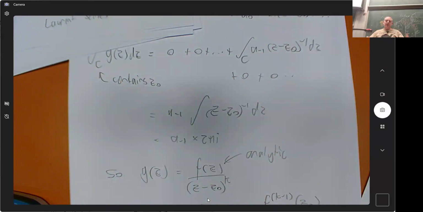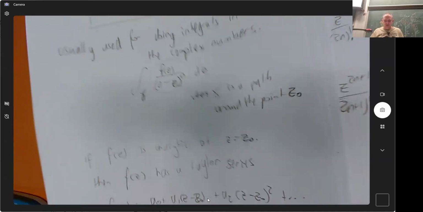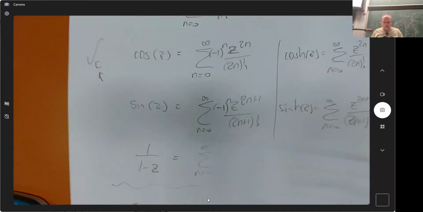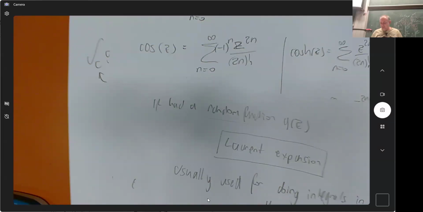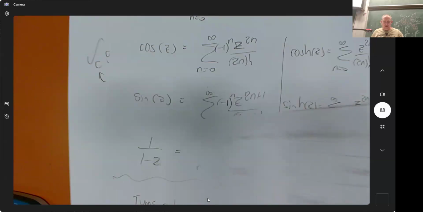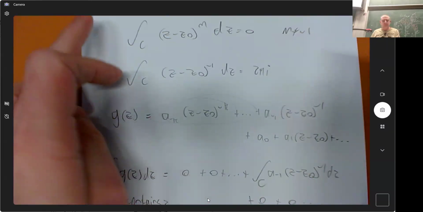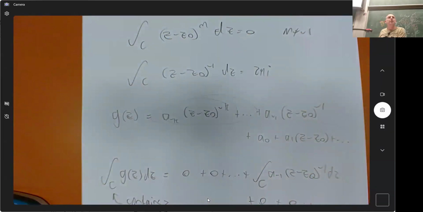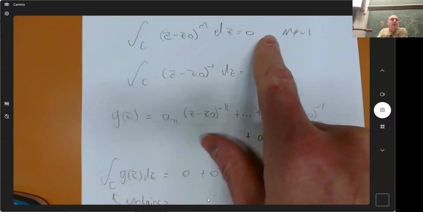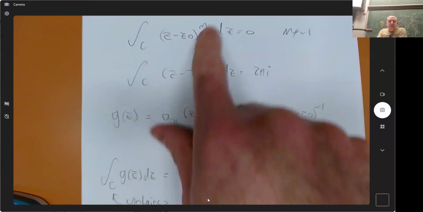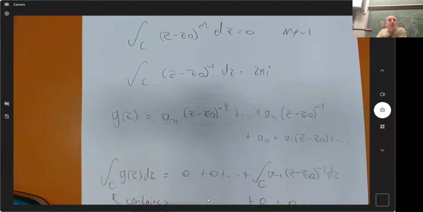So it seems to me when I think about this whole residue theorem and Laurent expansion, that this lemma that I mentioned, these facts, are important things to remember. For the positive m's, this is Cauchy's theorem, right? Because for an analytic function the integral is 0.